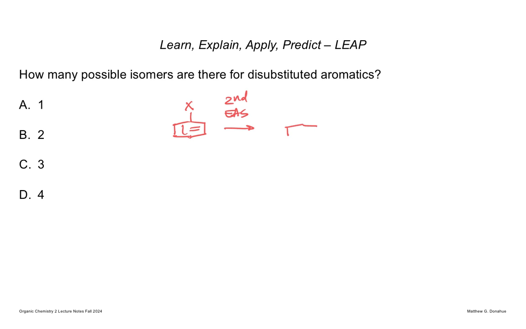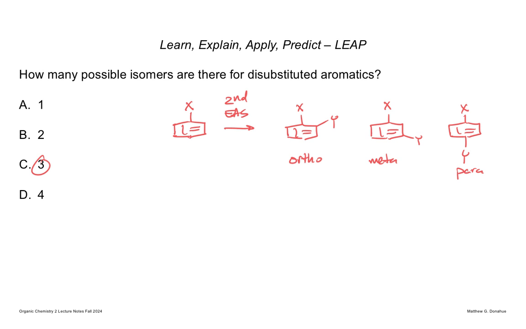So for a di-substituted aromatic, if we're going to introduce a group Y, we can introduce it here. Here. Or here. So this would be an ortho isomer. This would be meta. This would be para.